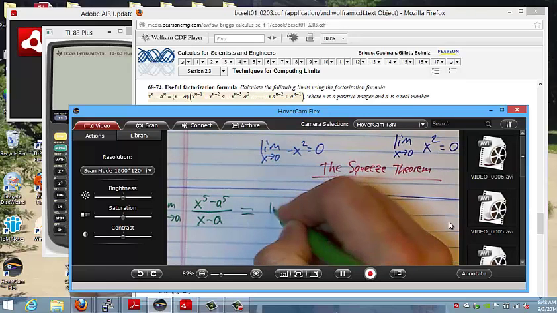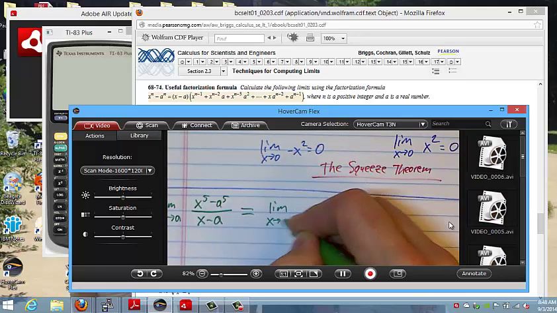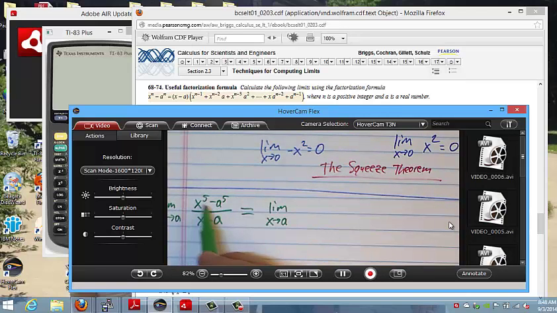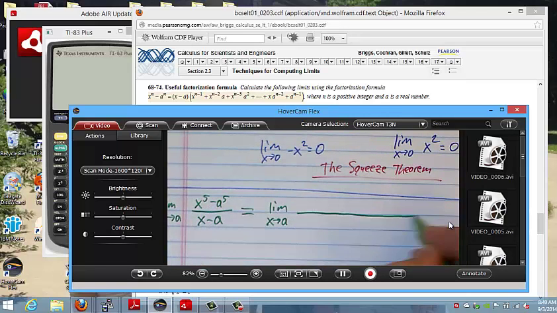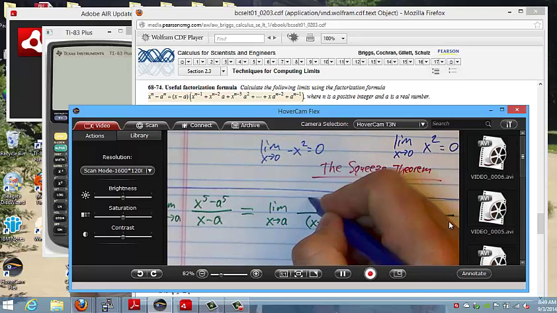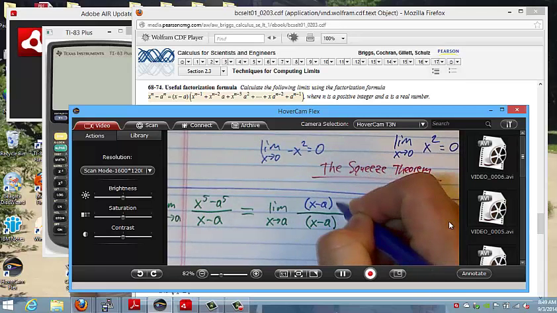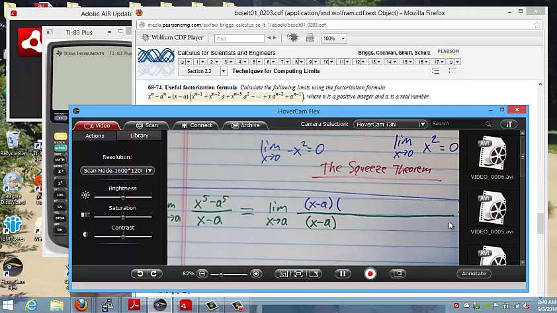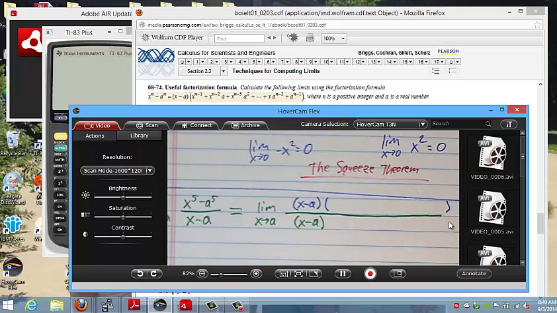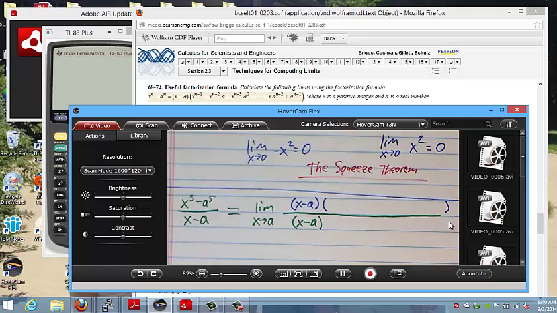The whole idea is that if you have x to the n minus a to the n, you can always factor it as x minus a times something else. That's good for this problem, because in the very next step I'm going to cancel out the x minus a's. And then I'll be in good shape.